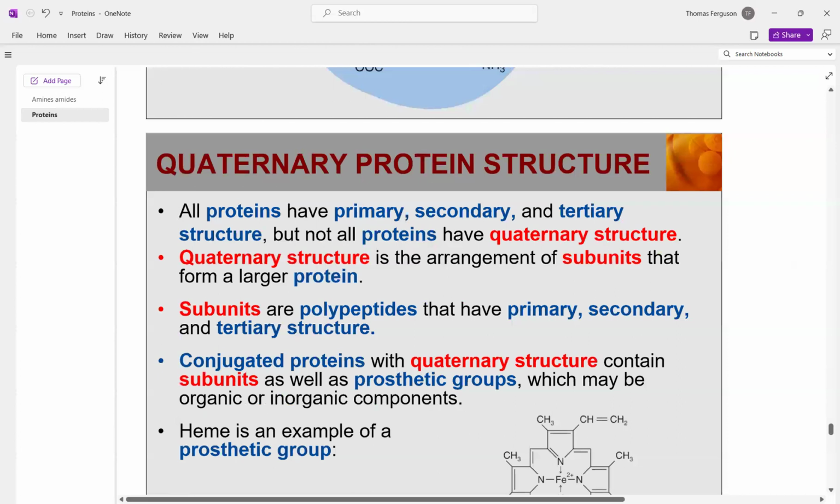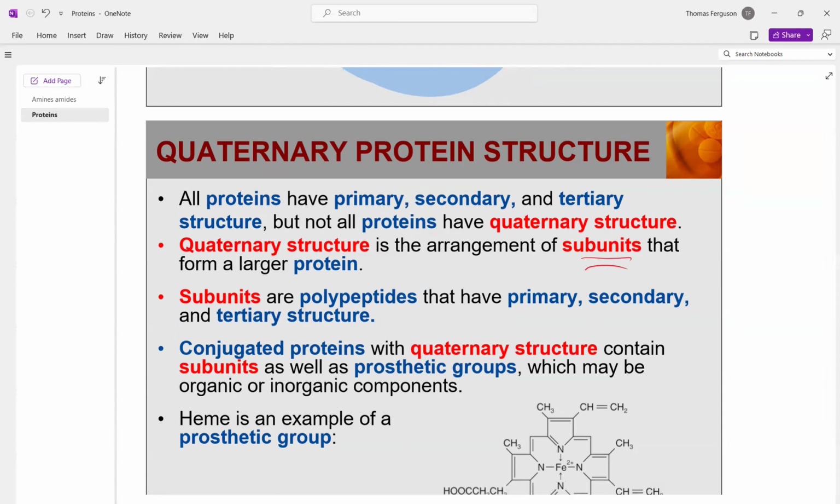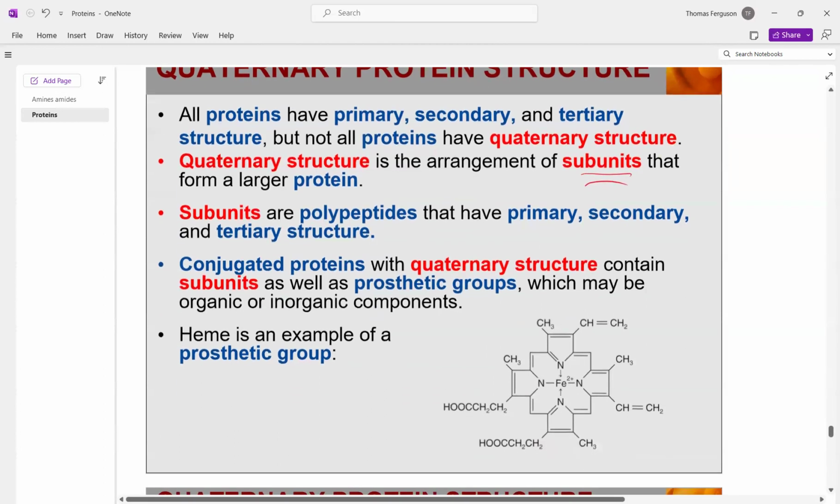And then the most complicated organizational structure for proteins is called quaternary. And that quaternary one involves subunits. The subunits can be other protein or a group like this, and they call those prosthetic groups. Just like a prosthetic limb or leg, it's an add-on.